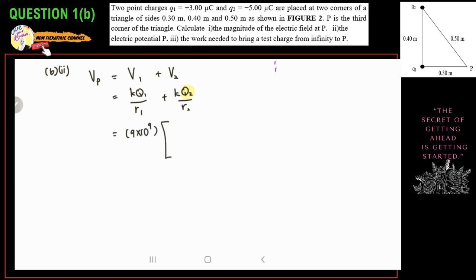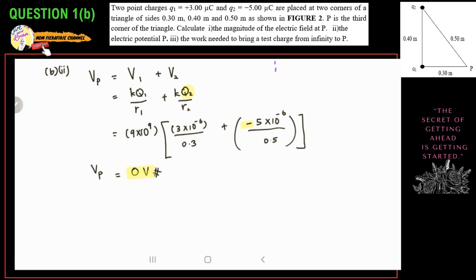So Q1, saya factorizekan dulu K tu. 3 times 10 power of negative 6 over, the distance is 0.3, plus negative 5 microcoulomb. So this is negative, so 0.5. So let's try to calculate final answer. VP, the potential at point P is equal to 0. Bila kita kira, kita dapat 0.